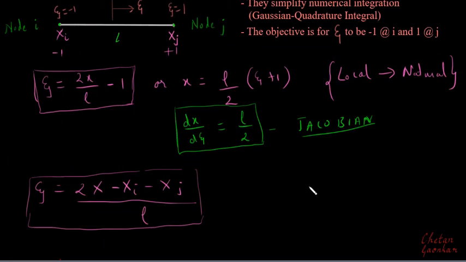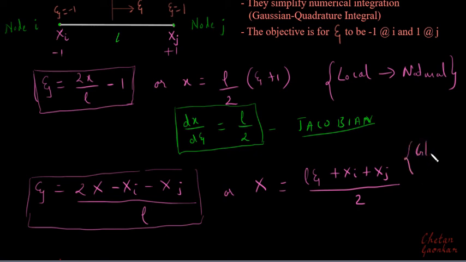And then further, if I try to find x in terms of xi, I can write it as (L times xi plus xi plus xj) divided by 2.